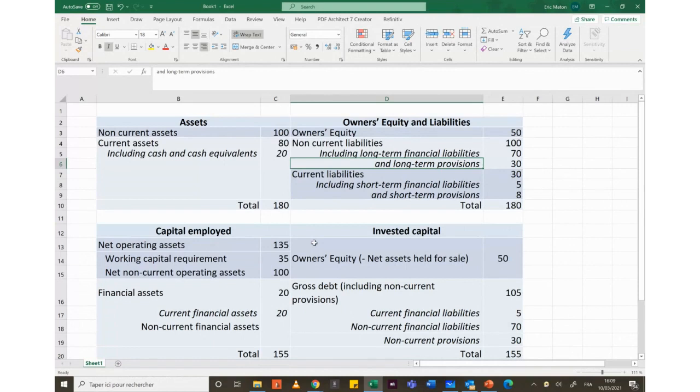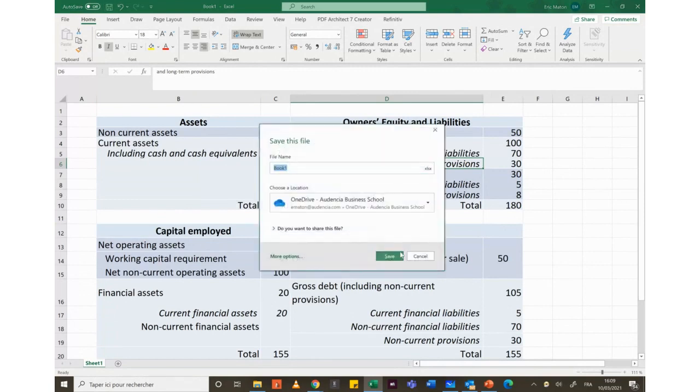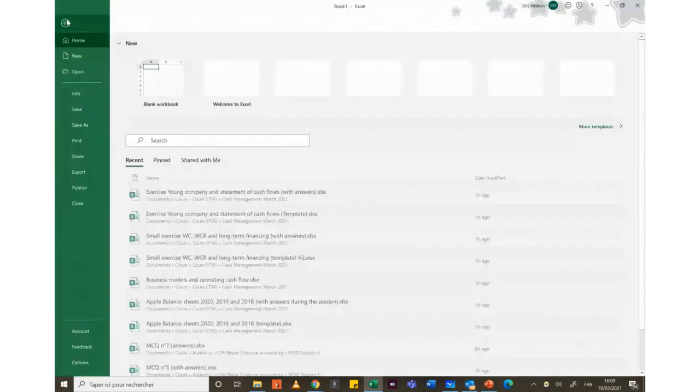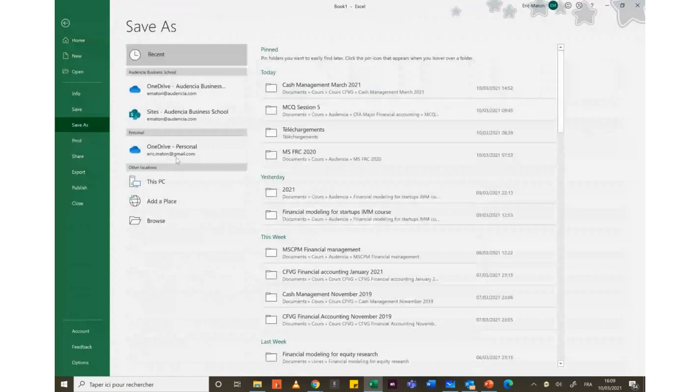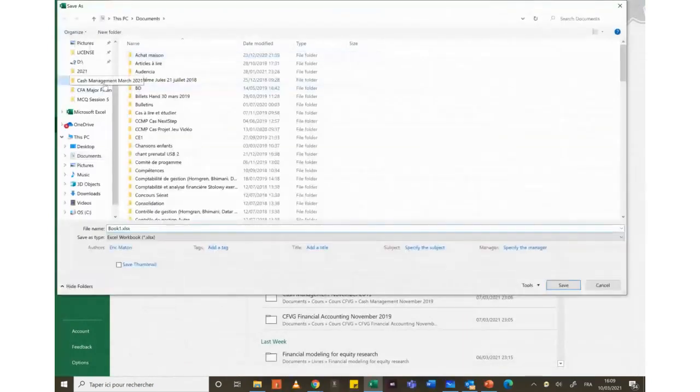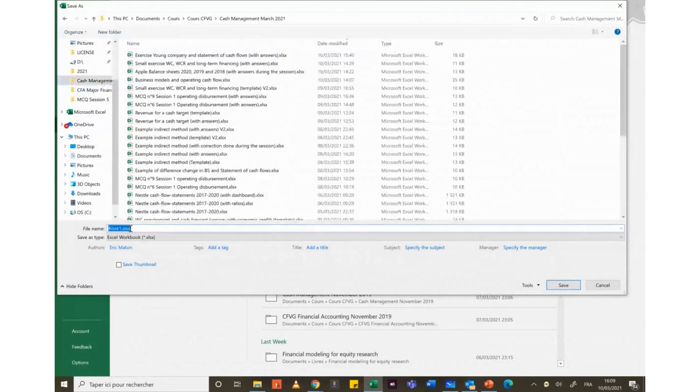Okay? So tomorrow it's about long-term cash flows, the cash flows for the project, from balance sheet to managerial balance sheet.